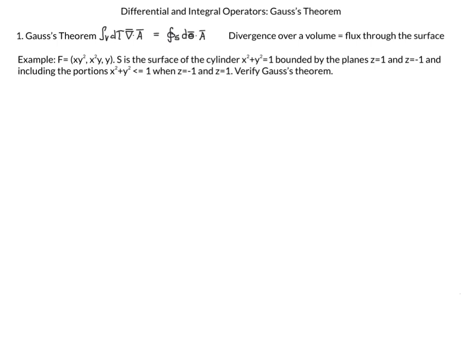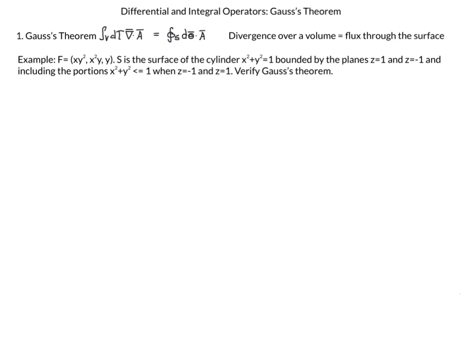Our first example problem is, let's say we have a vector field F, which is equal to xy squared, x squared y, and y. And let's say we have a surface S, and it's the surface of the cylinder x squared plus y squared equals 1. And it's bounded by the planes z equals 1 and z equals negative 1.